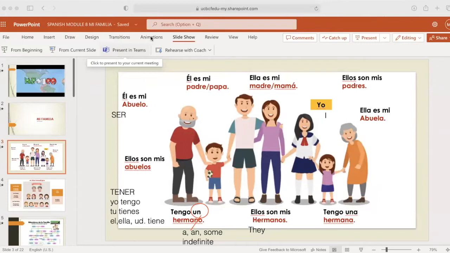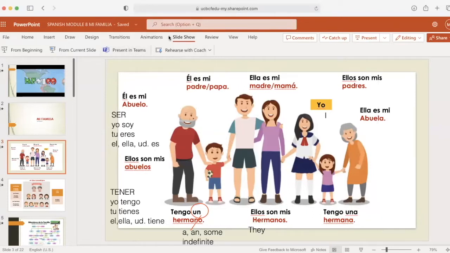Let's try to conjugate ser before we continue. Yo, soy. Tú, eres. Muy bien. Él, ella, usted, es. Okay, let's stop with that. Muy bien. Now, ellos, this time.